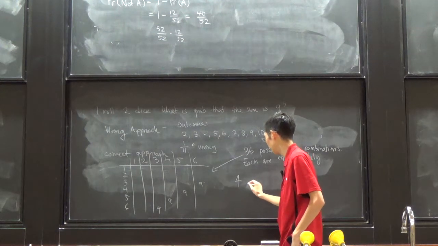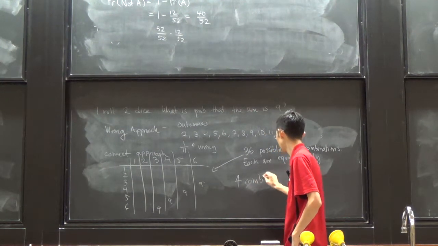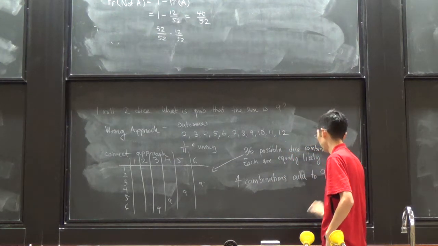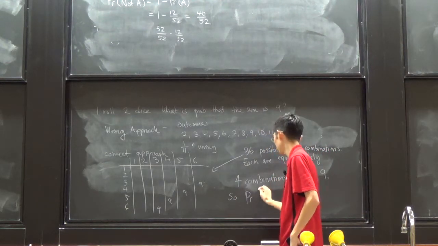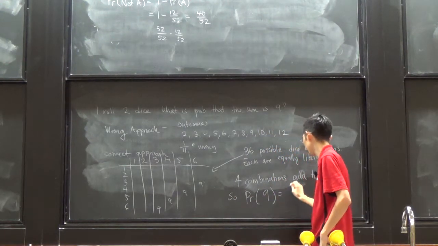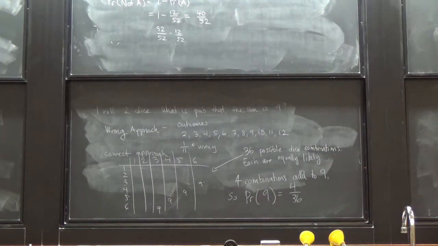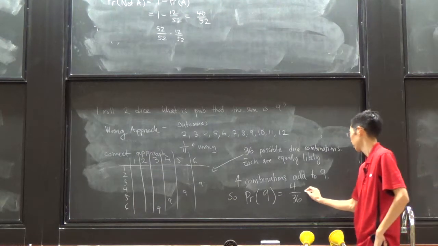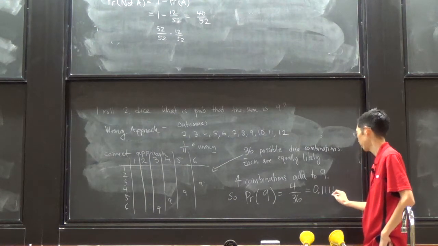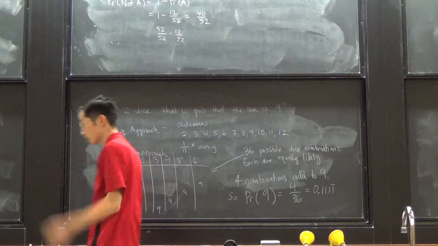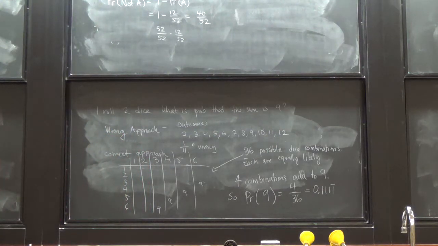Four combinations add to 9. So the probability that we get a 9 is equal to 4 out of 36. That's what we got. Okay, is that good?